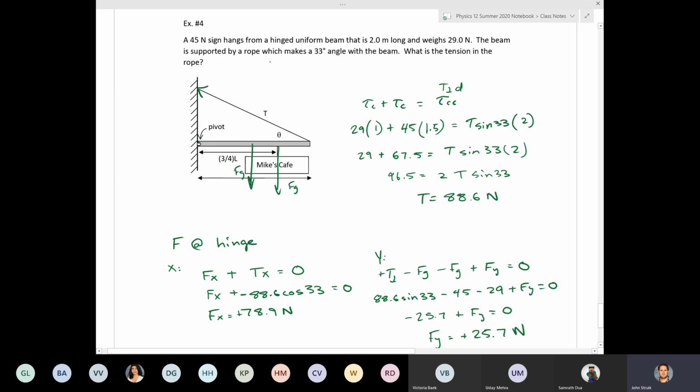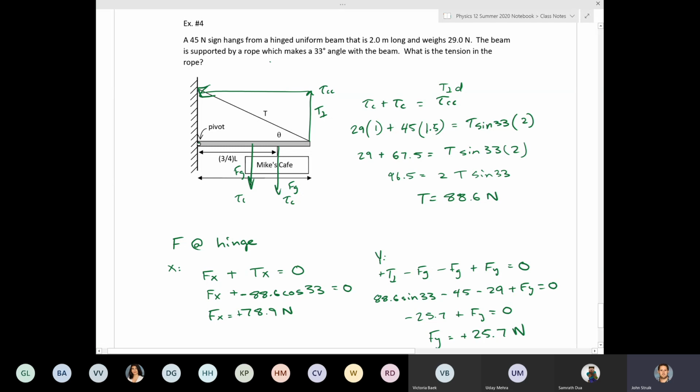So the tension's going up and left. In terms of torque, the perpendicular component of tension is the only thing that causes torque. So this is going to be a torque clockwise, torque clockwise, torque counterclockwise. And then they have to balance.